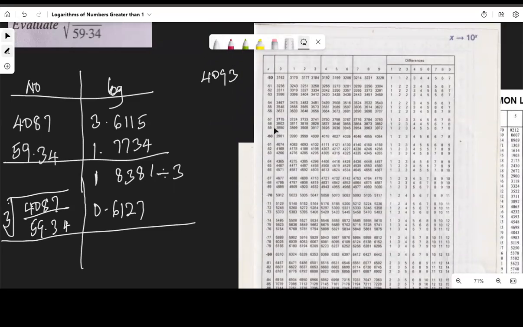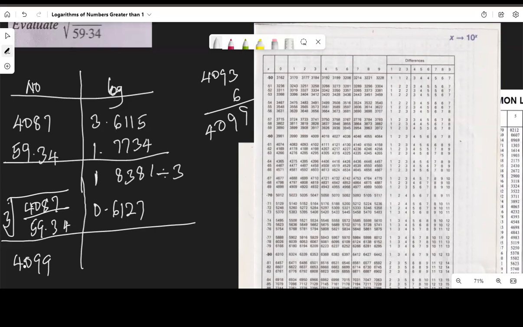The difference of 7. Difference of 7 is 6. Add the 6 there, that is 9. So I have 4099. Add 1 there. That is 0 plus 1, which is 1.